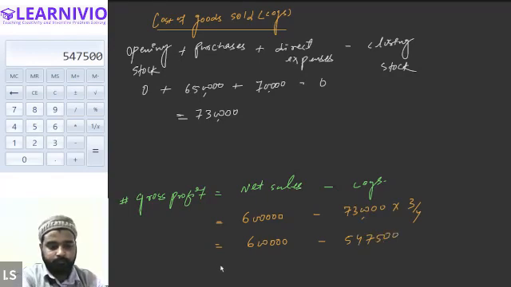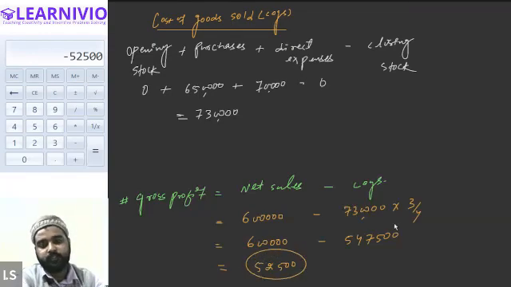So the final gross profit, reducing from 6 lakhs, will be 52,500. Is this clear, Alexander?